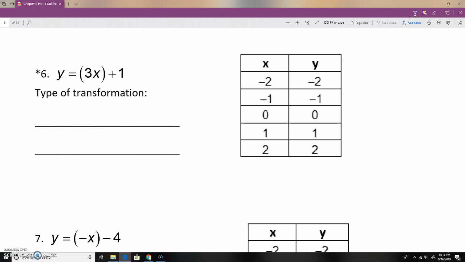Okay, number 6. Number 6 is one that gets a little tricky, because now we're working with the b value. It's inside the parentheses. Okay. We've also got the d value here. Now, b no longer does a vertical stretch and shrink. It does a horizontal one.